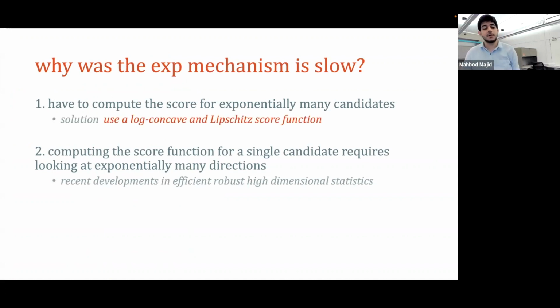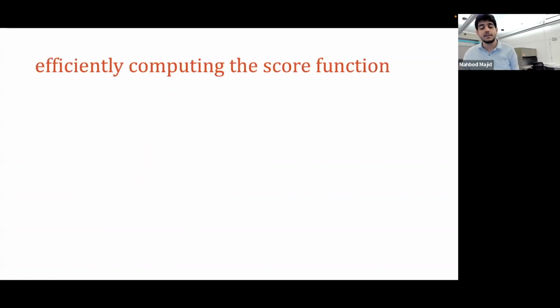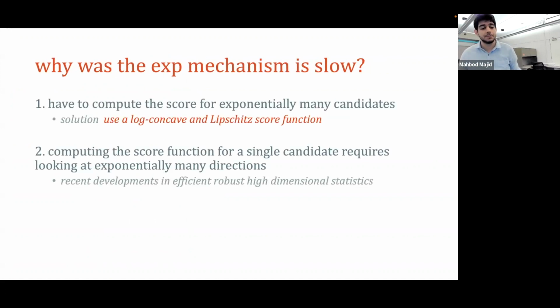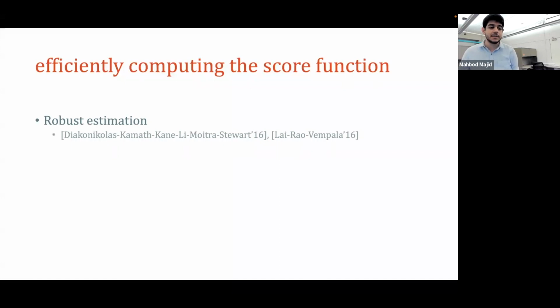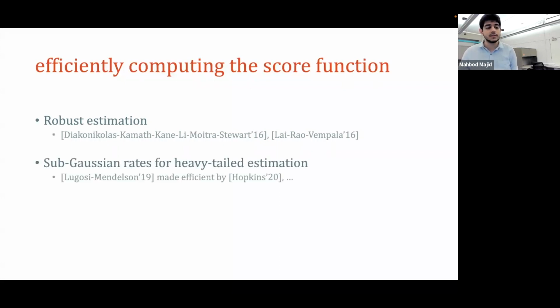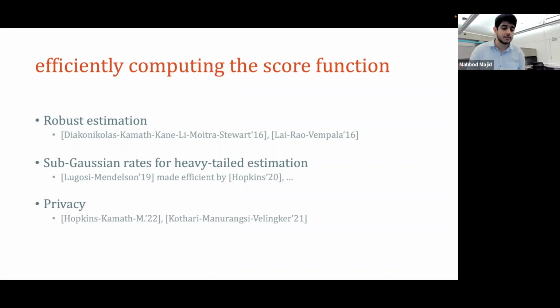So now we have some idea on how we can deal with the first issue. We can basically define a concave, Lipschitz score function. But let's see how we can deal with the other issue, basically how we can compute the score function for a single candidate. As I mentioned, this has appeared in recent works in robust estimation, in some Gaussian rates for detailed estimation, and privacy by us, and in a concurrent work by Kothari, Manurangsi, and Velingker.